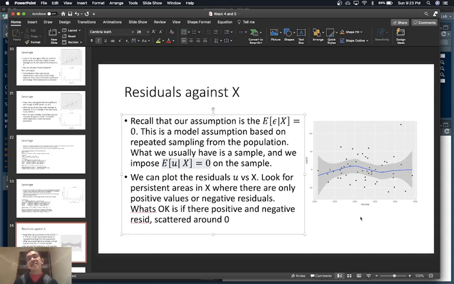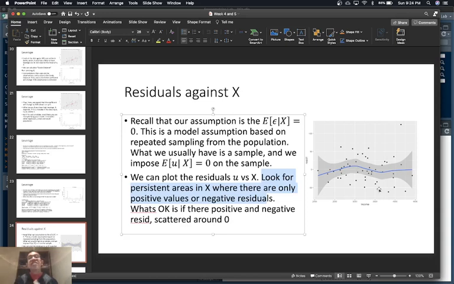If you only have one X, then it becomes easier to use that one X to plot the residuals against income. So as you can see here, it's a good spread. What you're looking for are areas where there are only positive or negative residuals, patterns in how the residuals are related to income. In these cases, you've got a misspecification problem on your hands, because the residuals are related to either the predicted Y or the regressor.